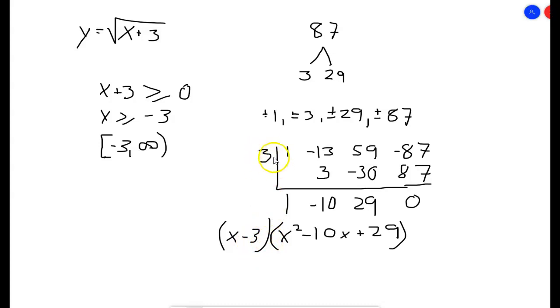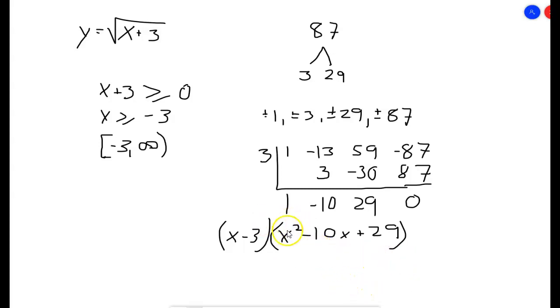Remember, it's the opposite sign of the 0, because when we set this equal to 0, we need to get that 3 back. All right, so now I've got to deal with this thing. And like we've already said, we're not going to be able to factor it, because if we were, it would have showed up in our rational root check there.